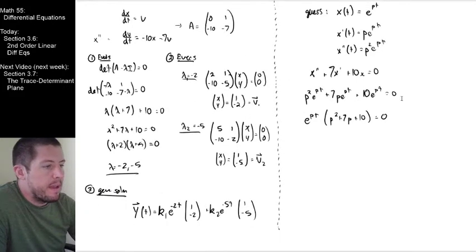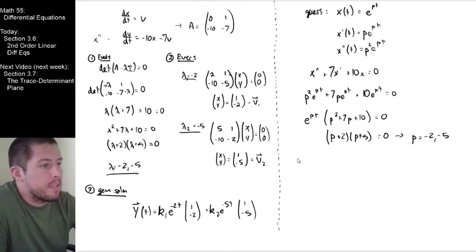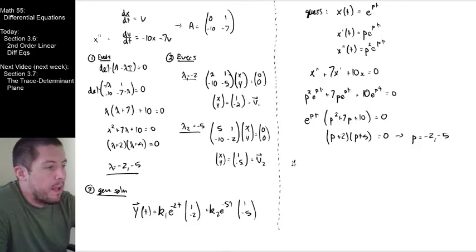Not surprising to me based on what we've been doing for this last week. And so here we find that this is p plus 2, p plus 5 equals 0, and that's going to lead me to p equals -2 and -5. So that tells me that x of t equals e to the -2t, and x of t equals e to the -5t are both solutions.